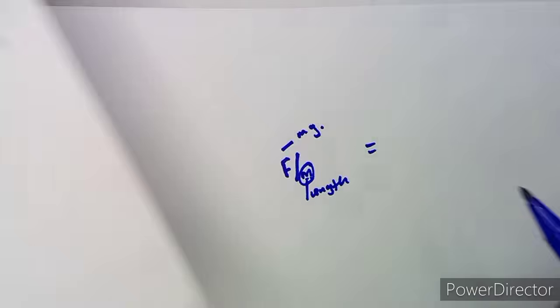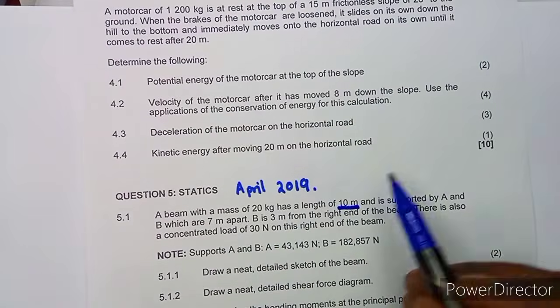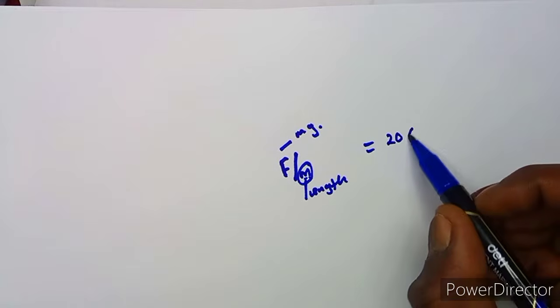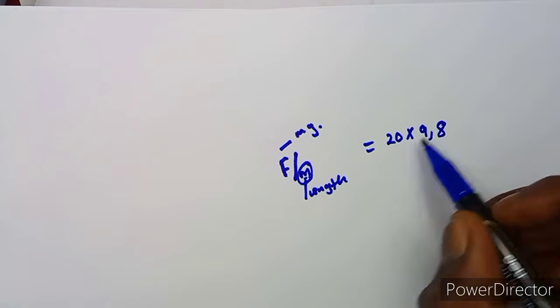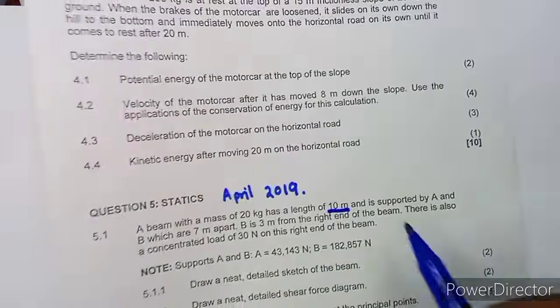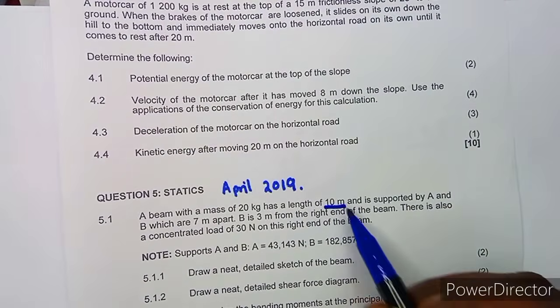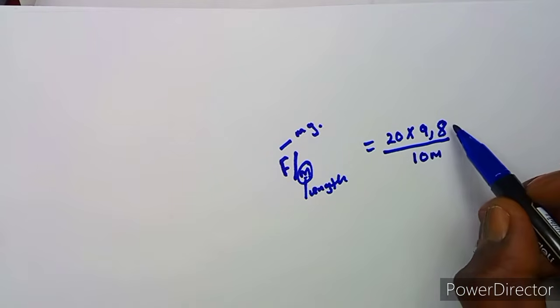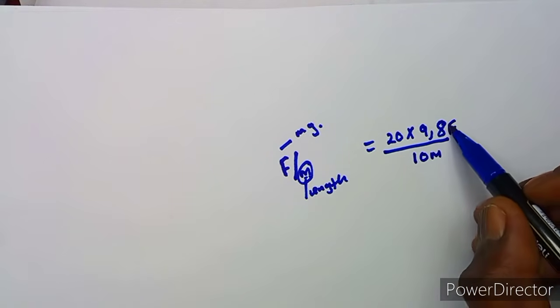So in this case we have the mass, which is 20 kgs by 9,8, everything over the given length, which is 10 meters. Remember this is your force, which is measured in Newton.